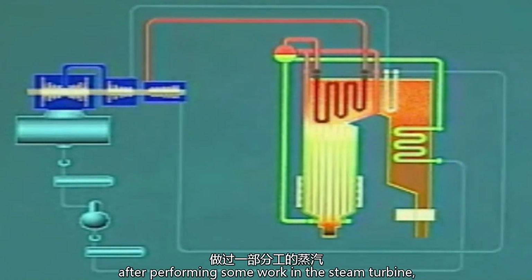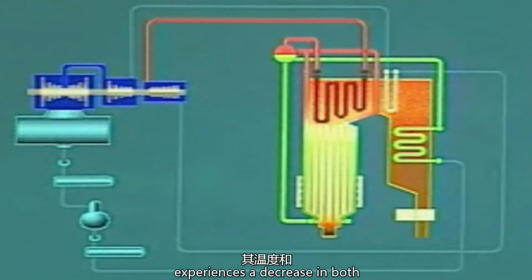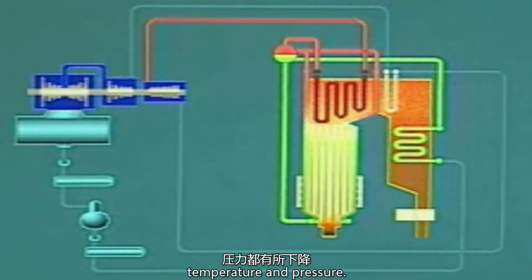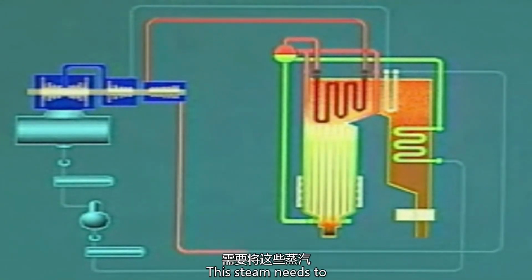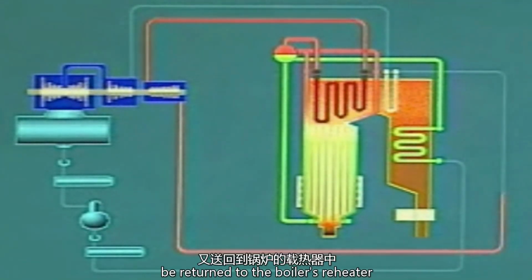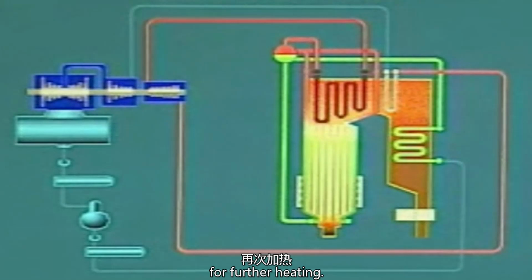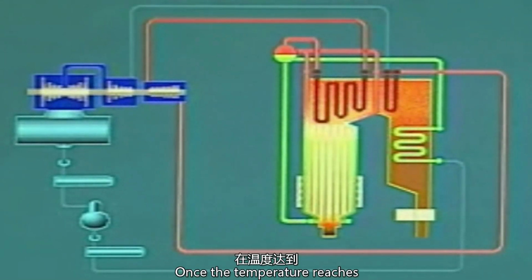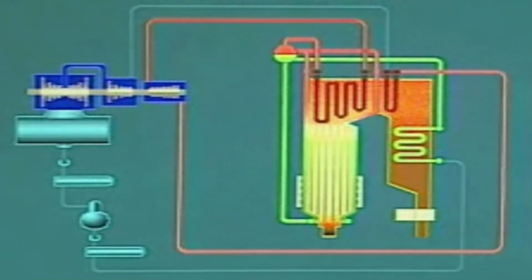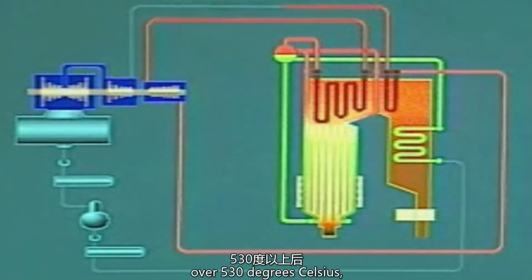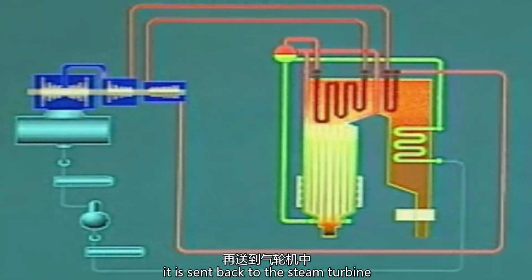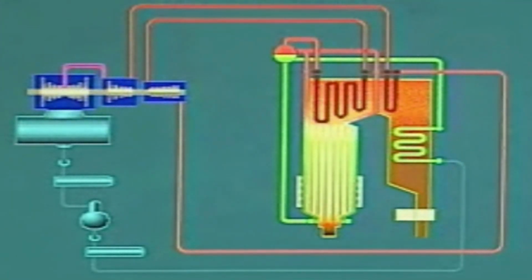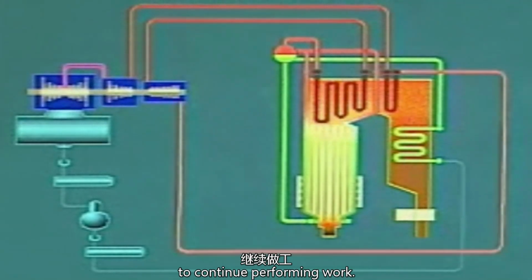The steam, after performing some work in the steam turbine, experiences a decrease in both temperature and pressure. This steam needs to be returned to the boiler's reheater for further heating. Once the temperature reaches over 530 degrees Celsius, it is sent back to the steam turbine to continue performing work.